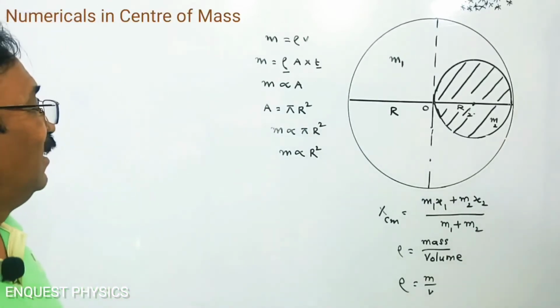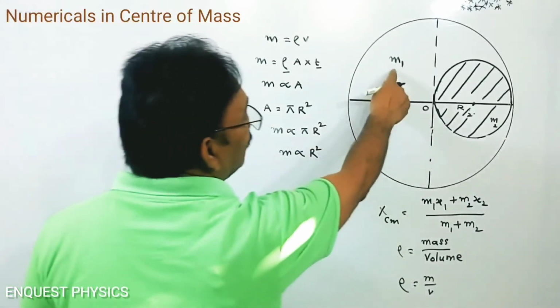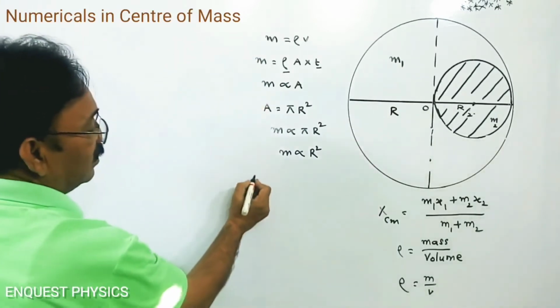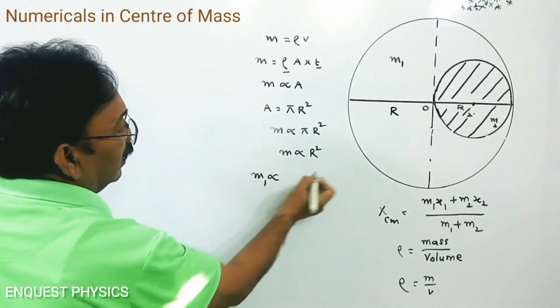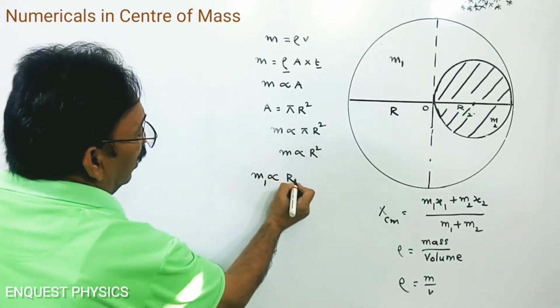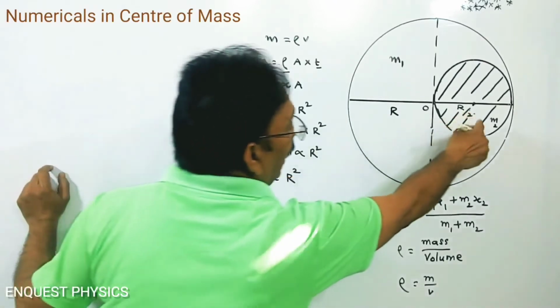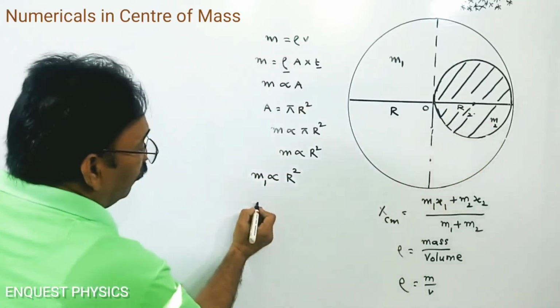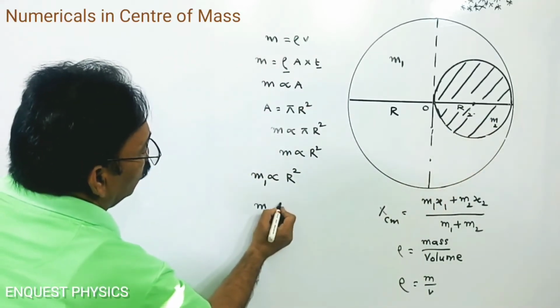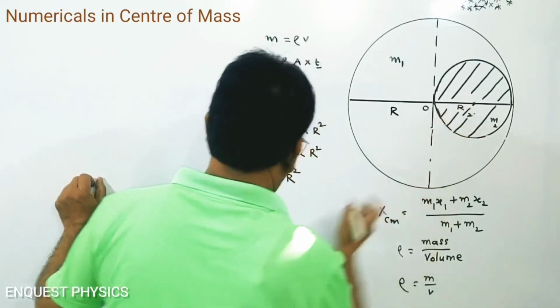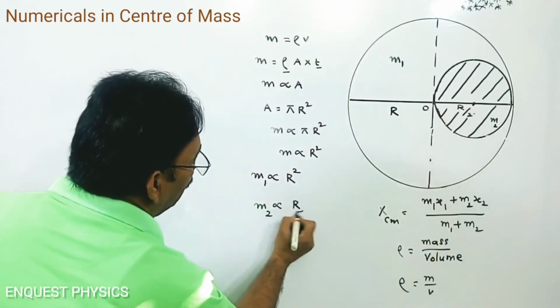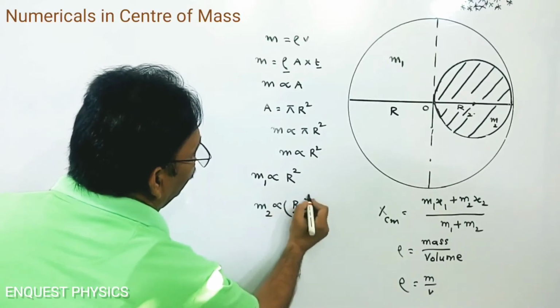Okay students, I am taking it as the first mass. That means m1 is proportional to r square, and for the second mass, m2 is proportional to, see, the radius of the plate is half of this one, I am writing it as (r by 2) whole square.